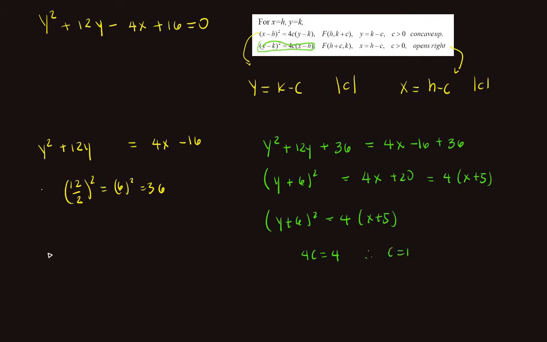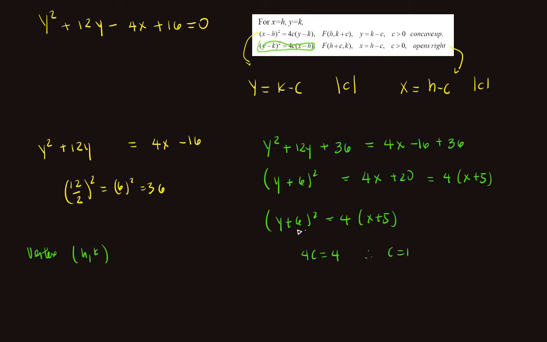The vertex is going to be h and k, and in this equation we have that h is equal to -5, and k is going to be equal to -6.